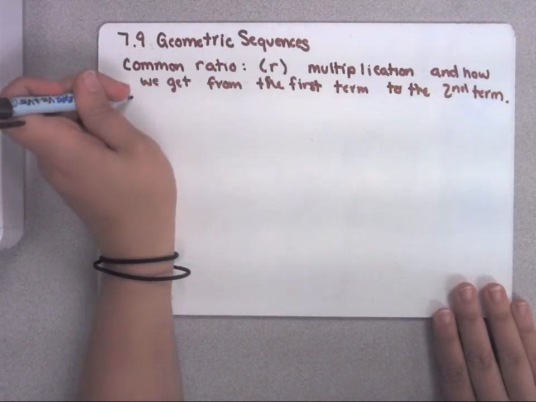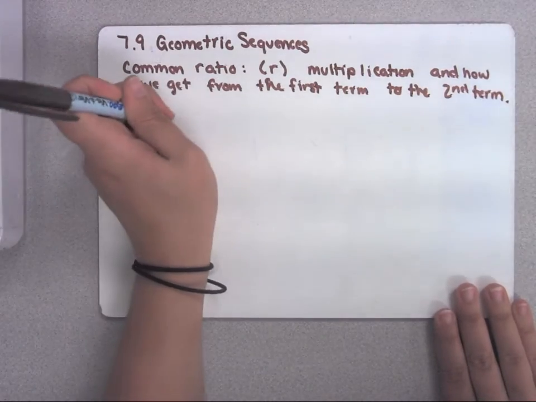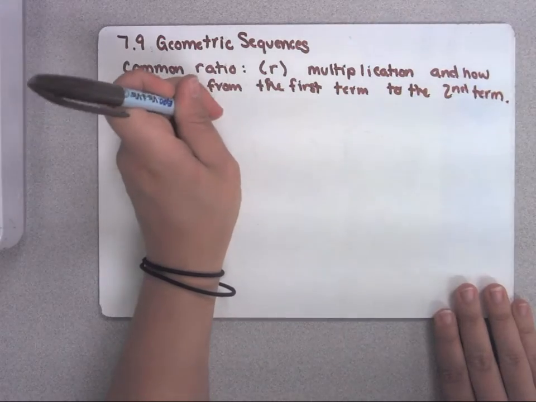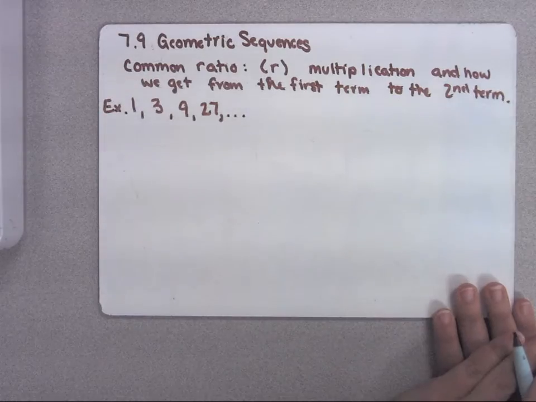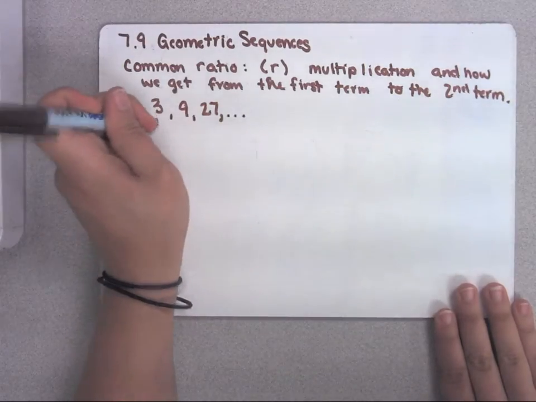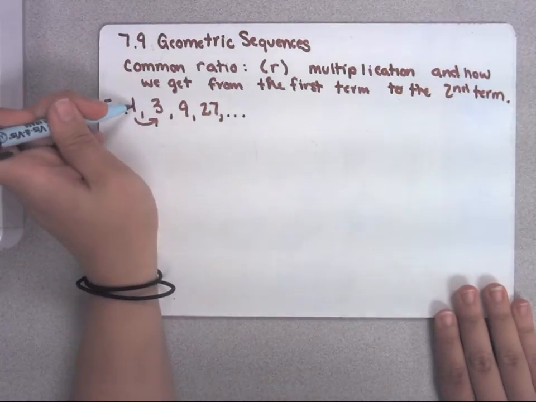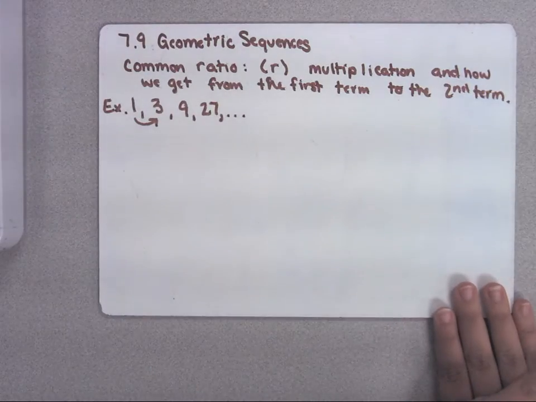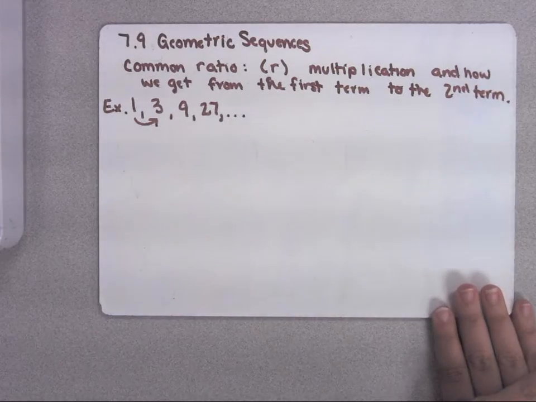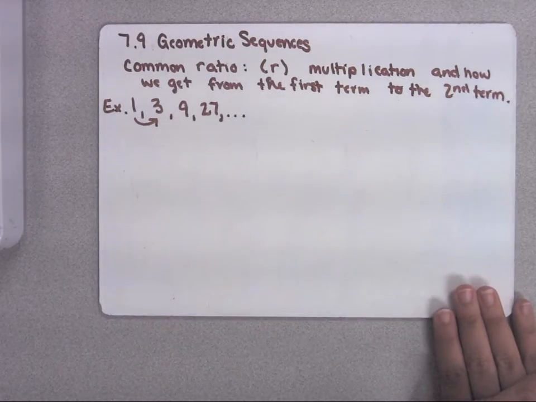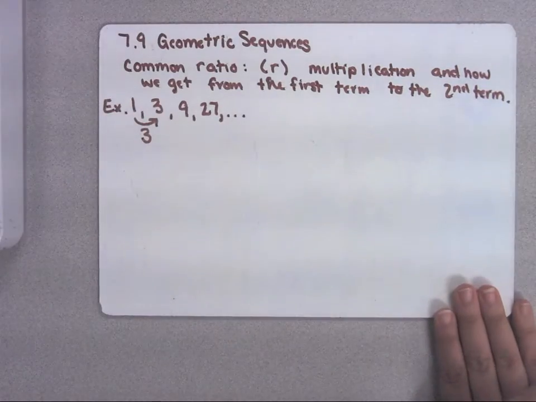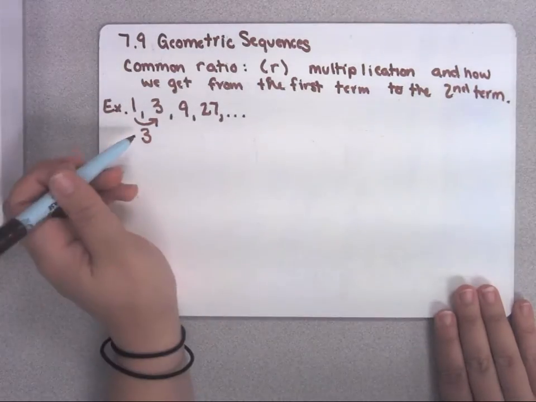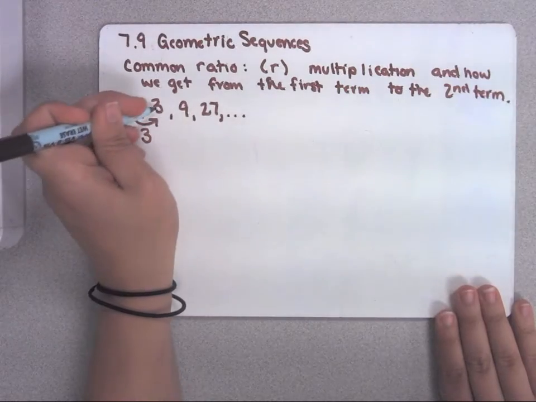So for example, if I have 1, 3, 9, 27, that's my sequence. By looking at this, can you see what we multiply 1 by to get the number 3? Multiply by 3. 1 times 3 equals 3.